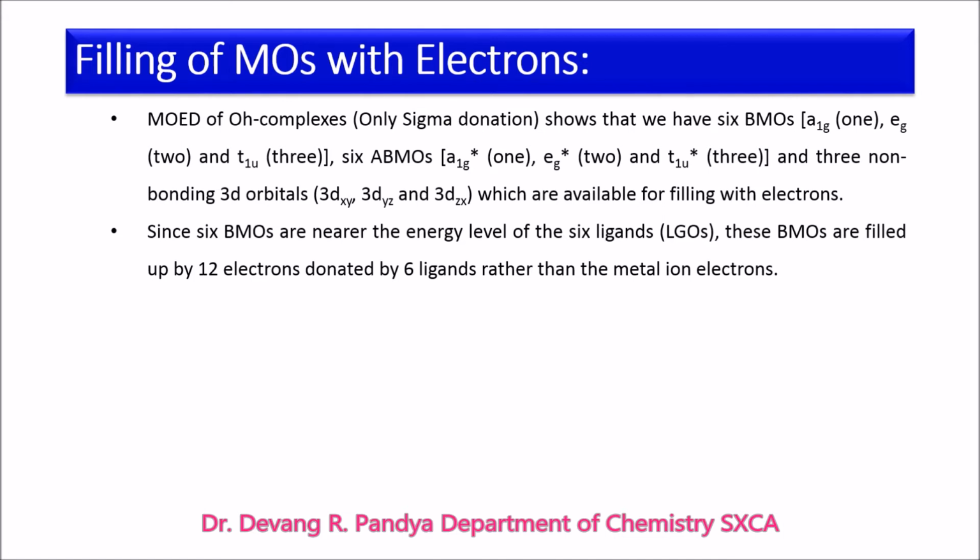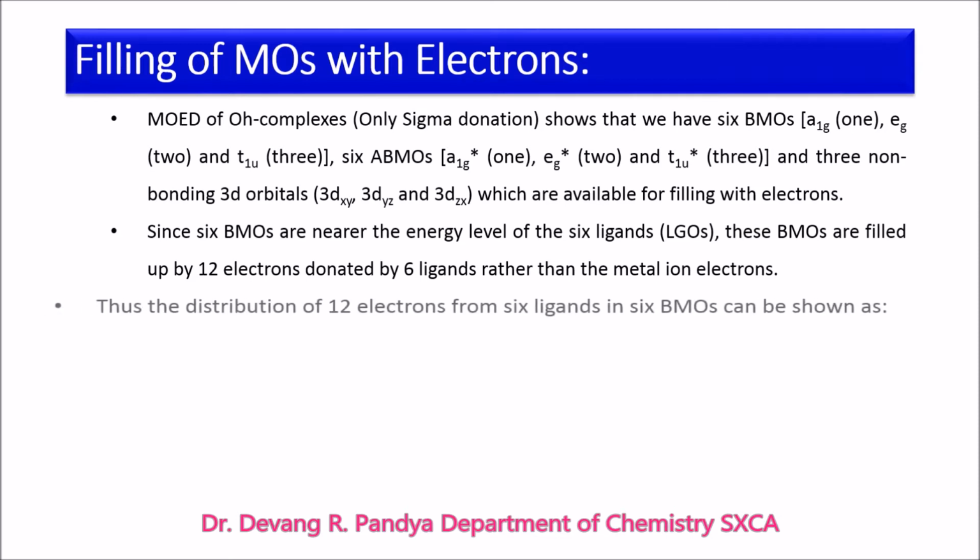These 6 will be filled by the donation of 6 ligands, and that is how this bond is going to be a metal ligand bond, in which the required bonding electrons are donated by the ligand, and therefore it is known as coordinate covalent bond.